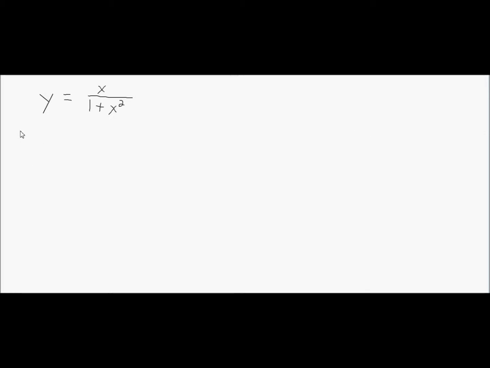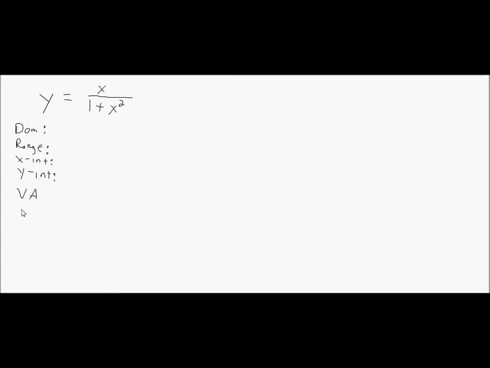So, first things first. Without knowing any calculus at all, we're going to want to find the domain, the range, the x-intercepts, the y-intercepts. Put these little dots in here.